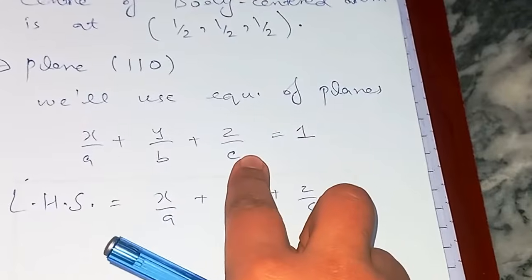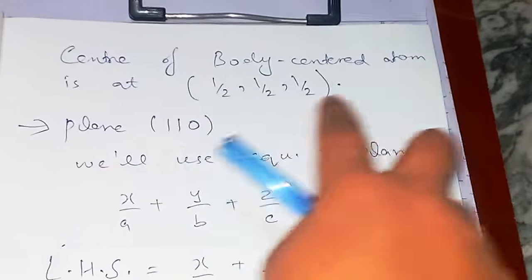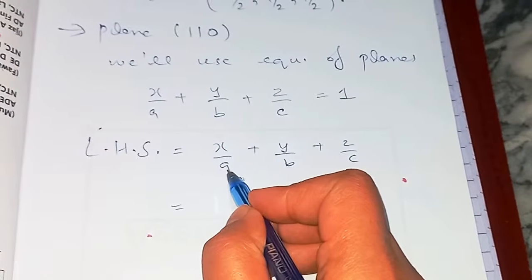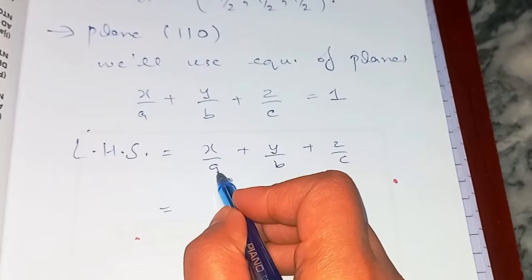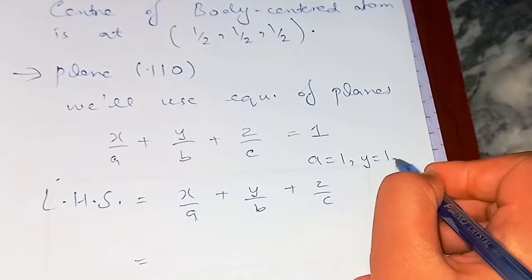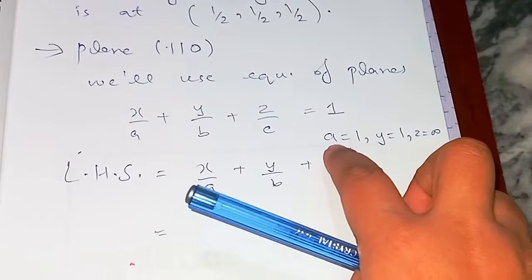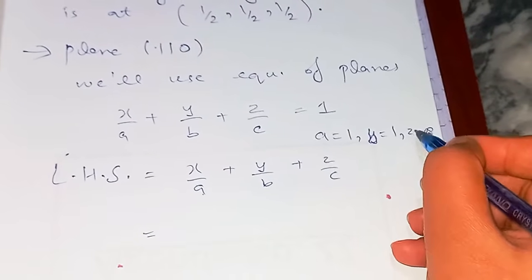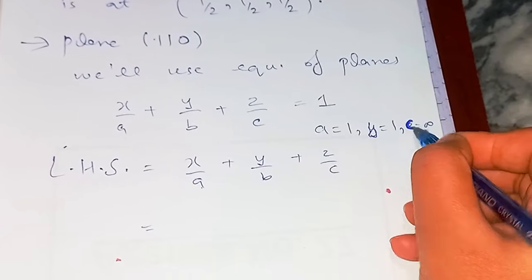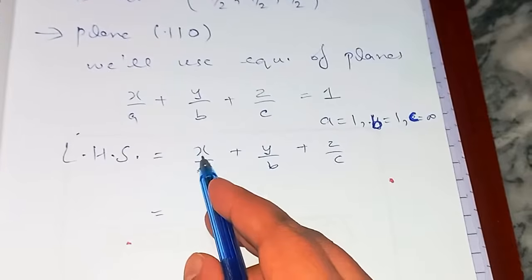Here a, b and c are the x, y and z intercepts, and x, y and z are the points that you want to inquire. X-intercept was 1, y-intercept was 1, and z-intercept was infinity, from the table that I established. So these are actually the values a, b, c, since I'm talking about intercepts. And what are x, y and z?